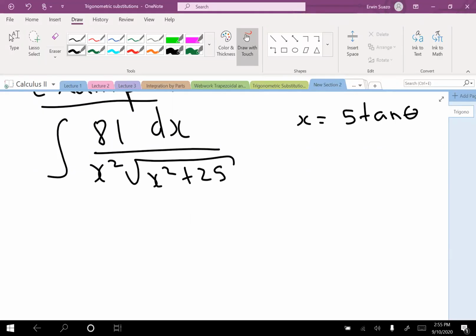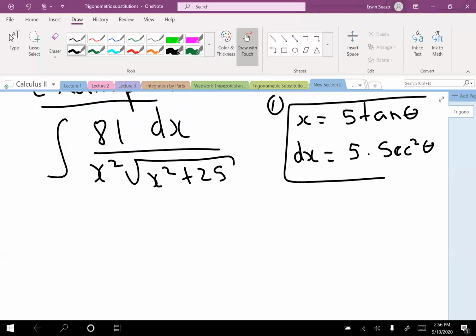So let's say this is the first step. You choose your substitution. Then you find dx. What is dx? What is the derivative of tangent? Secant squared. Secant squared, yes. So this is my first step.